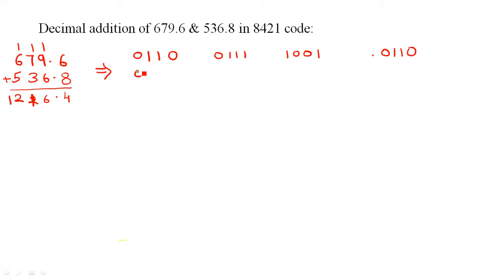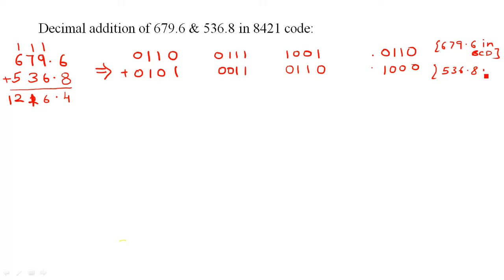Next 5, 0101. And next 3, 0011, then 6, 0110, then 8, 1000. So this is 679 in BCD, 0.6 in BCD, and this is 536.8 in BCD.